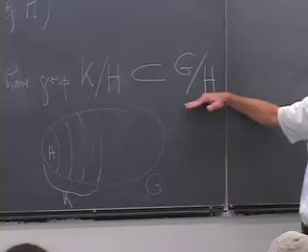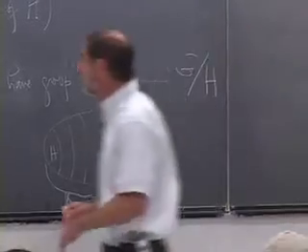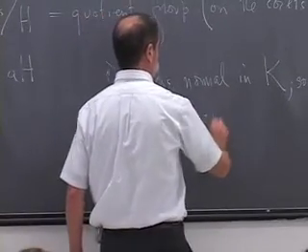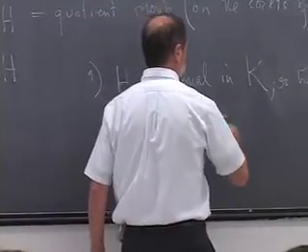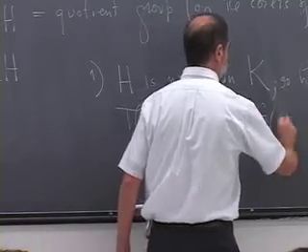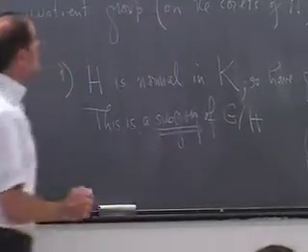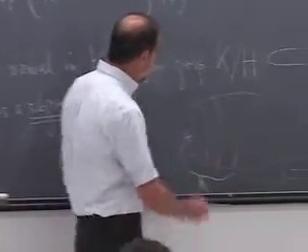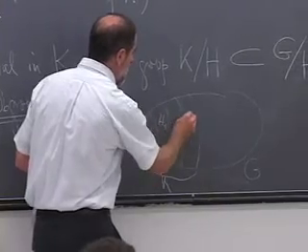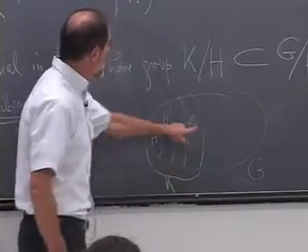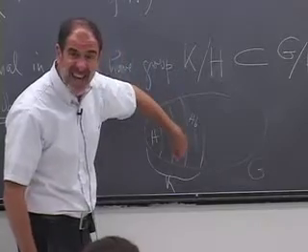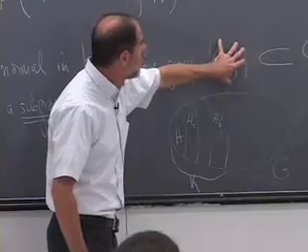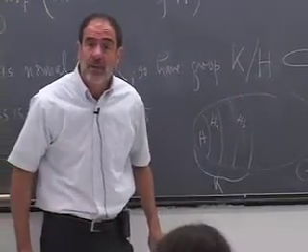First statement, it's a subgroup of G mod H, because K is a subgroup of G. In other words, if I take two different cosets that lie in K, Ha and Hb, and I multiply them, that coset also lies in K. So this subset of cosets that lie in K is closed under multiplication. Why?